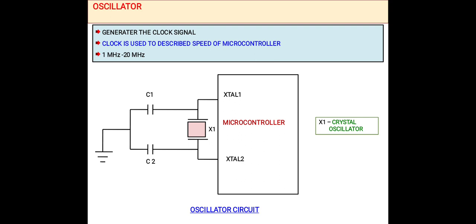It also needs two capacitors, basically of 30 picofarad value. Only the quartz crystal oscillator is connected to the microcontroller externally, and the remaining oscillator circuit components are incorporated in the chip.